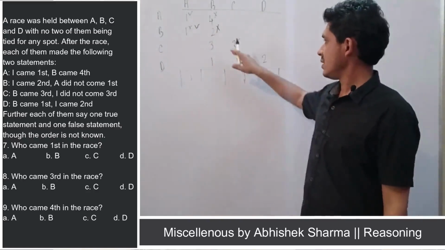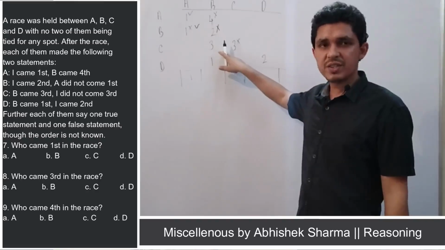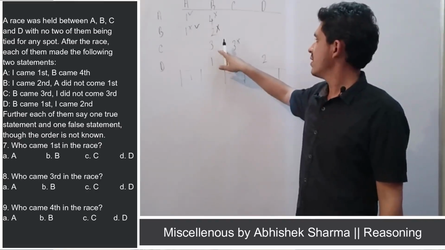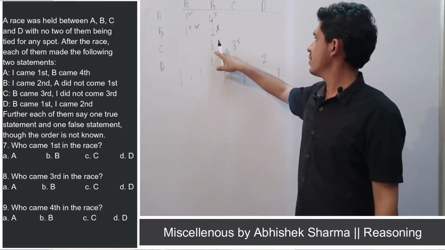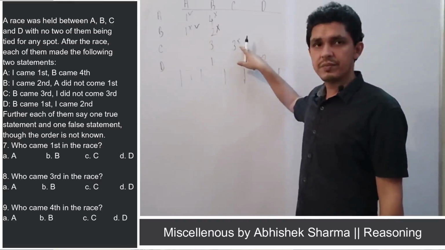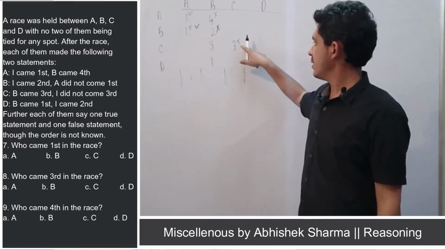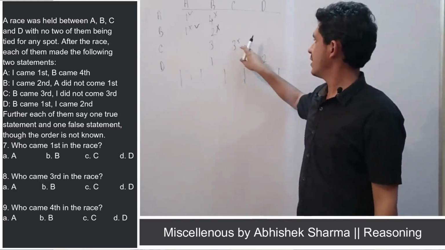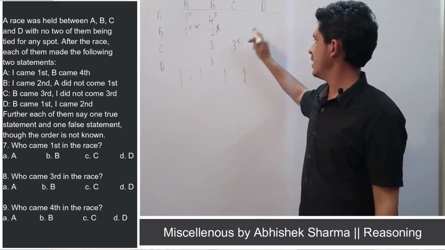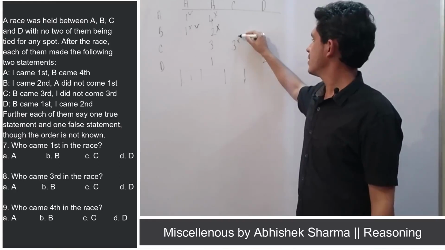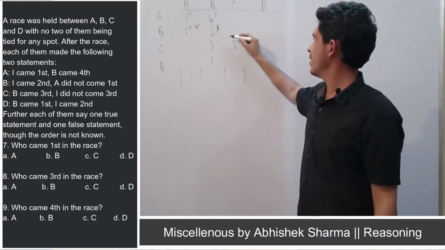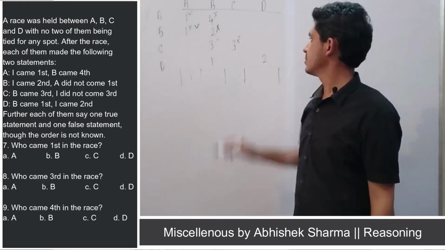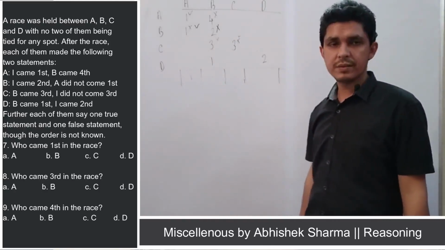Thereafter, if we go through the statement spoken by C, C is saying that B came third and I did not come third. That means we can make the statement of C such that this statement is correct and this statement is wrong, right?